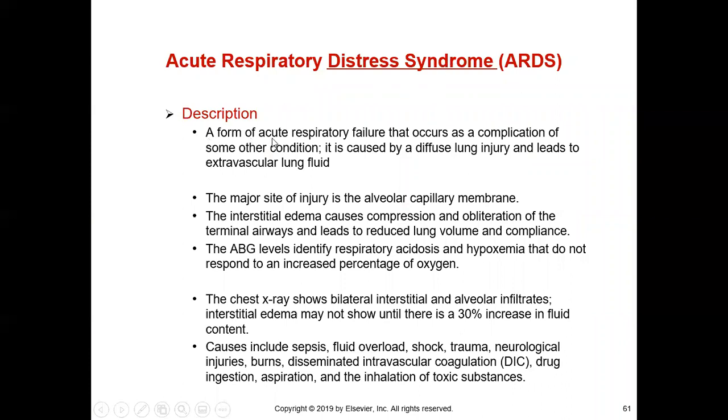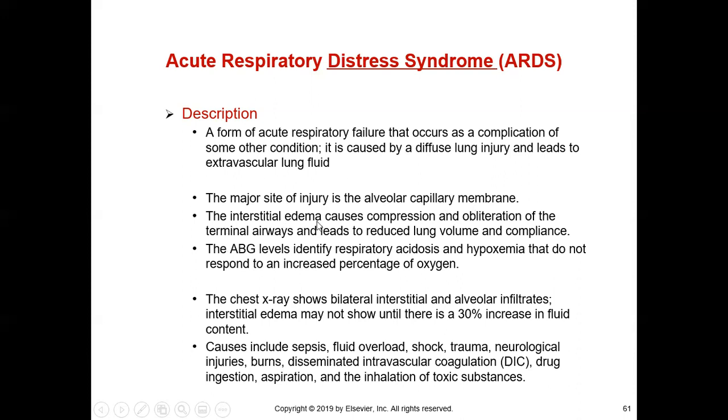Let me read about acute respiratory distress syndrome. It is a form of acute respiratory failure that occurs as a complication of some other condition, and it is caused by diffuse lung injury and leads to extravascular lung fluid. The major site of injury is the alveolar capillary membrane.